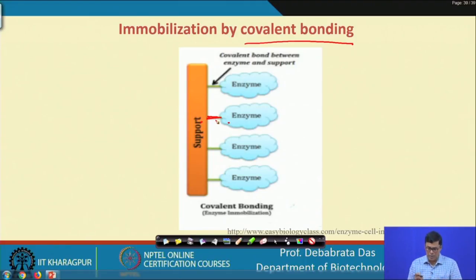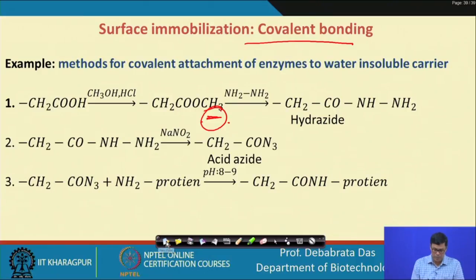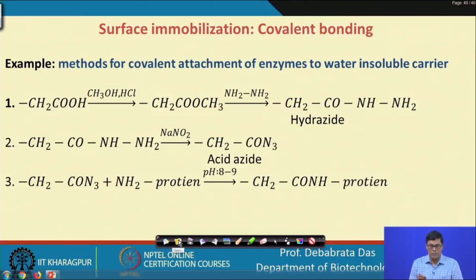So it is the strongest, but for doing so we have to treat the solid matrix with chemicals, and only then will it bind covalently. So during this process there is a loss of activity of the enzyme. That is the major drawback of this process. And these are examples of how covalent binding takes place.